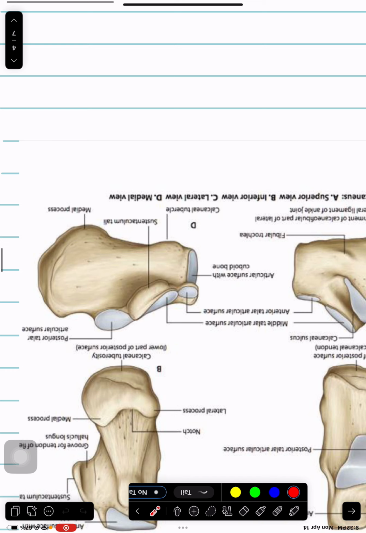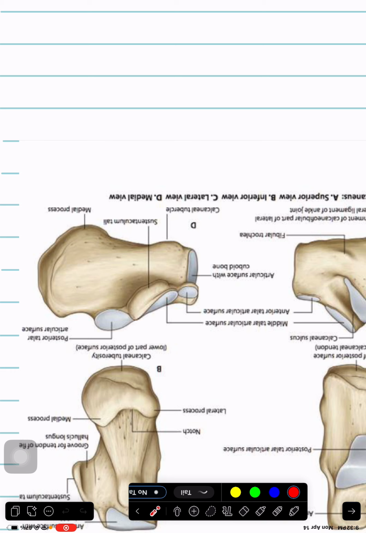And lastly, we have our medial side of the calcaneus. Immediately, you see your sustentaculum tali, under which the tendon of the flexor hallucis longus would pass. Again, your posterior, middle, and anterior talar articular surfaces.